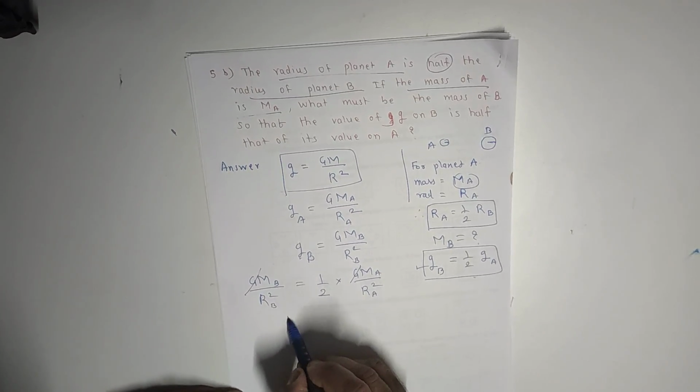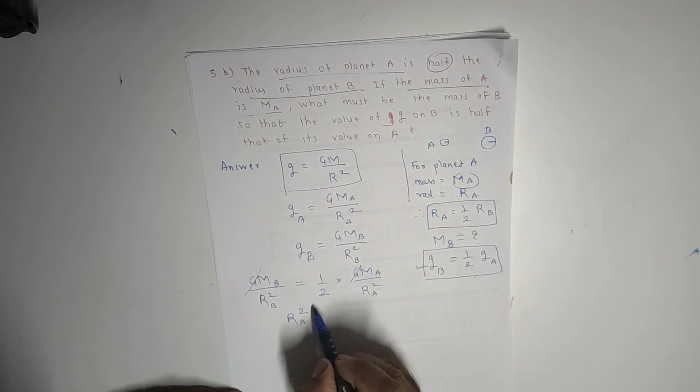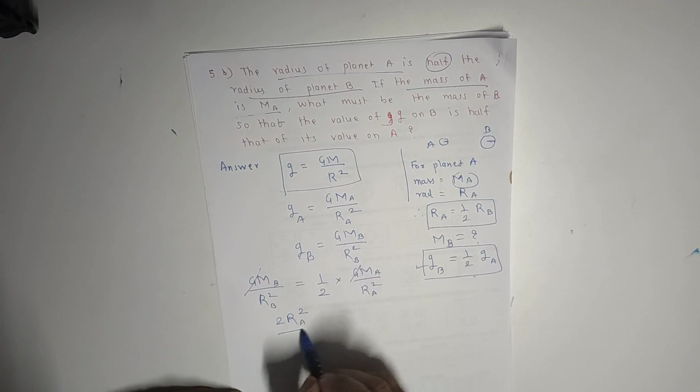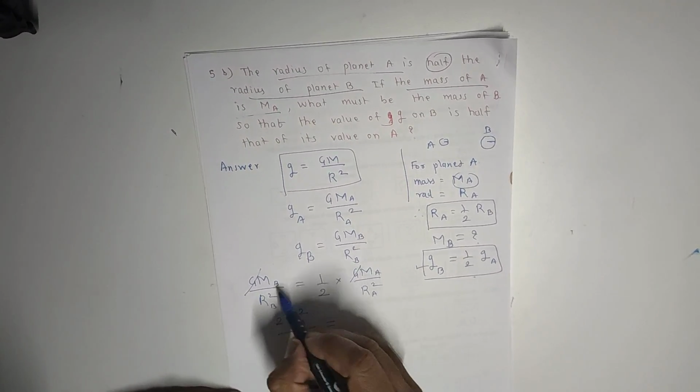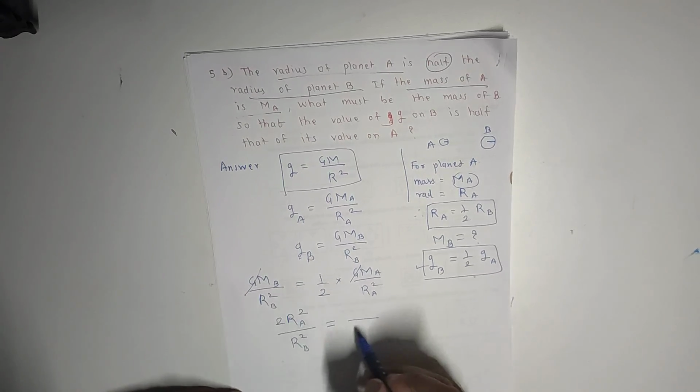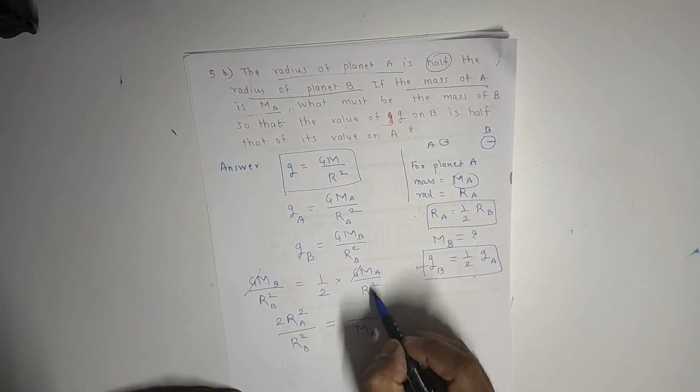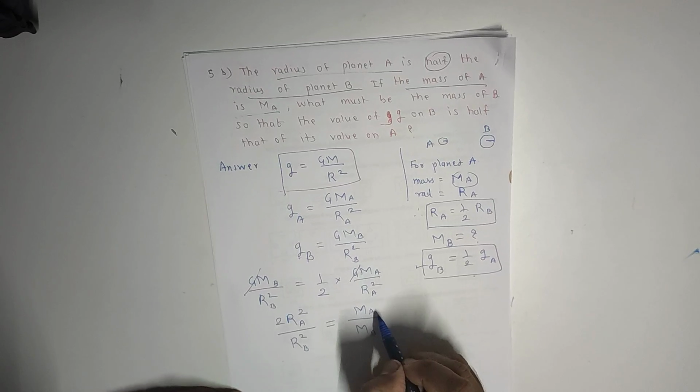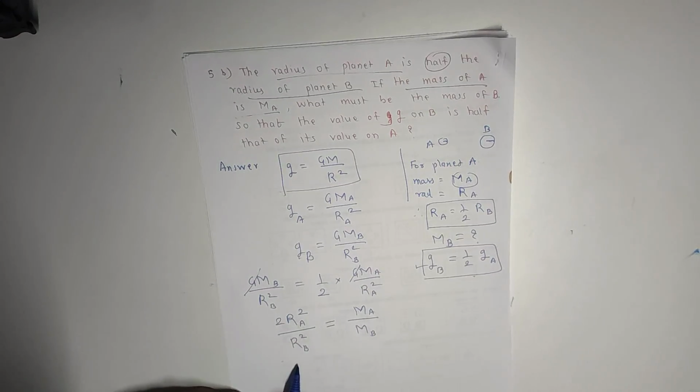Then RA square upon RB square is equal to MB in the denominator and MA as it is. We can write it like this.